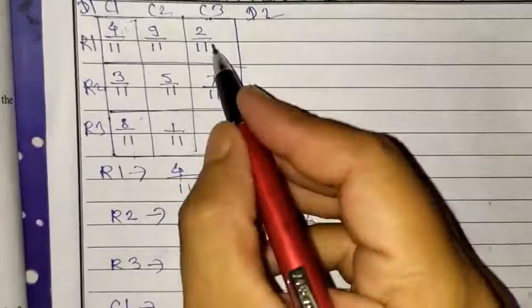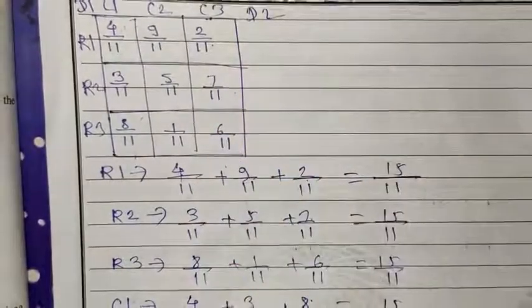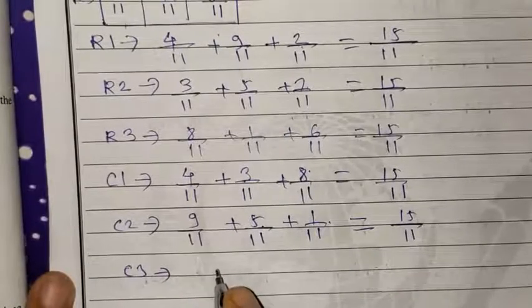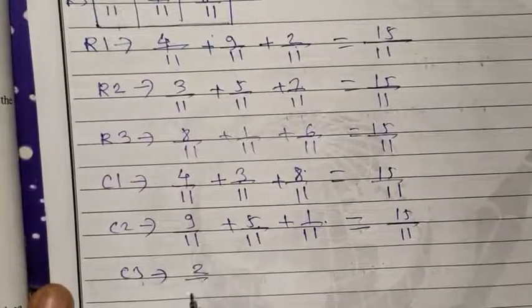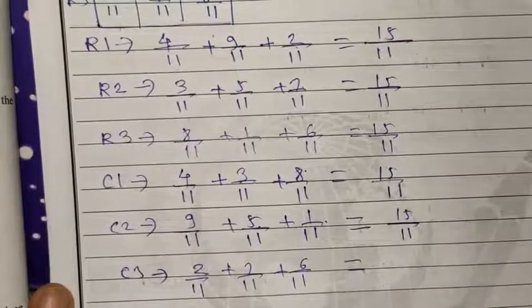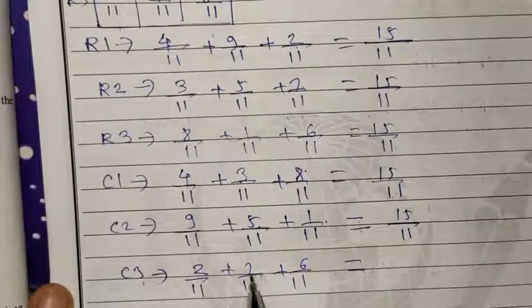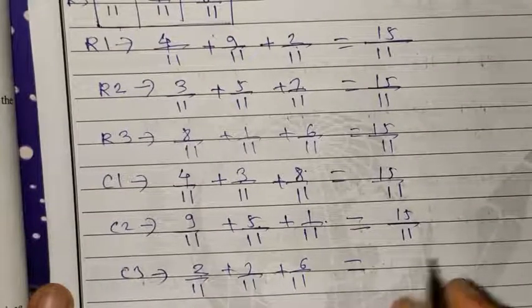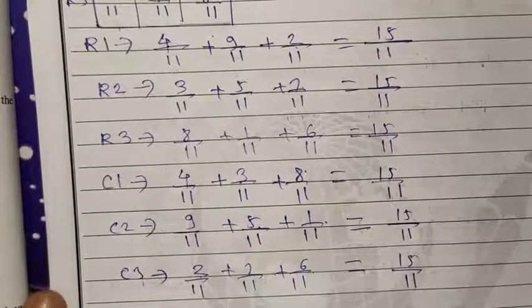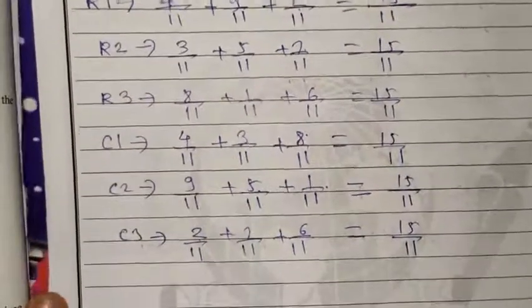The values are 2 upon 11, 7 upon 11 and 6 upon 11. So we write 2 upon 11 plus 7 upon 11 plus 6 upon 11. 7 plus 2 is 9, 9 plus 6 is 15, 15 upon 11. So all the column and row values are the same if you do the addition.